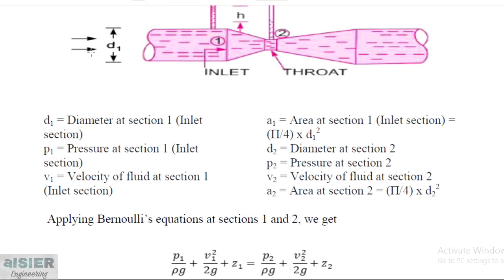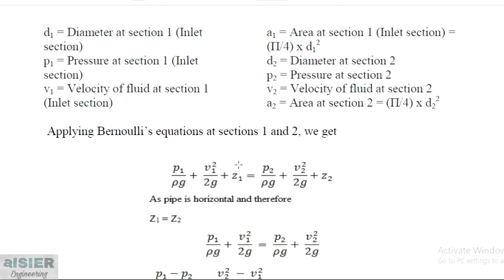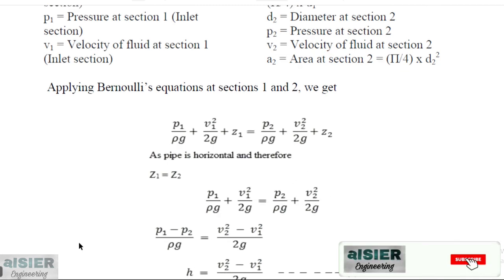Now as our Venturimeter is fitted in a horizontal pipe, we can say that Z1 and Z2 are the same. So our equation is modified as P1 upon rho g plus V1 square upon 2g is equal to P2 upon rho g plus V2 square upon 2g.